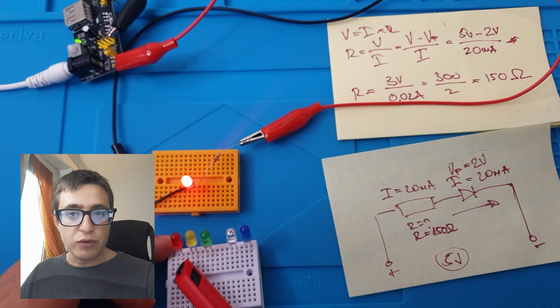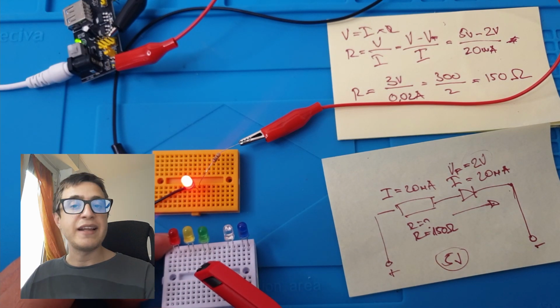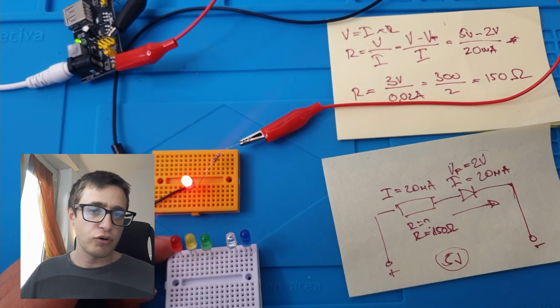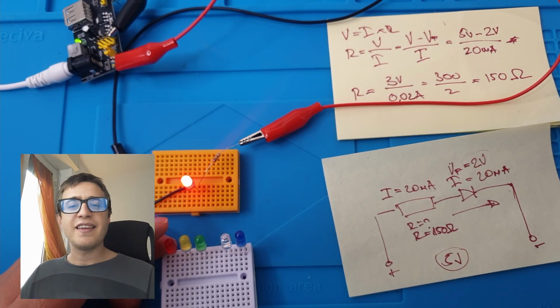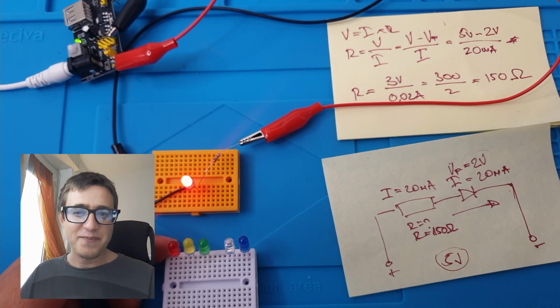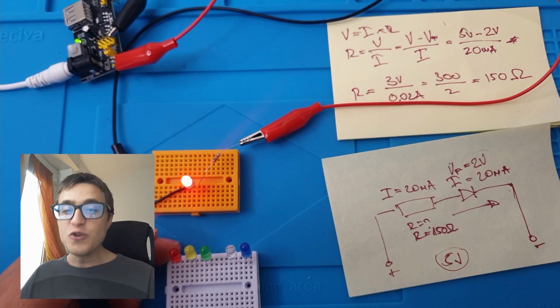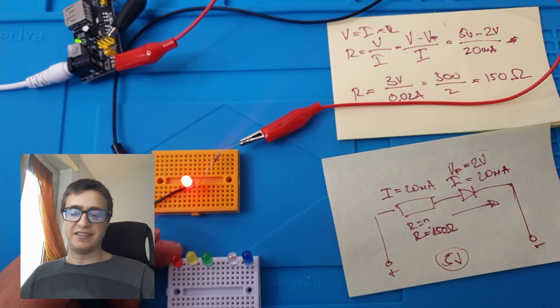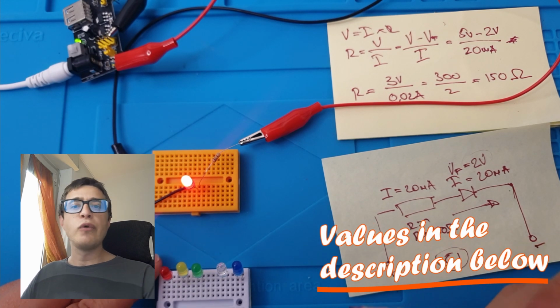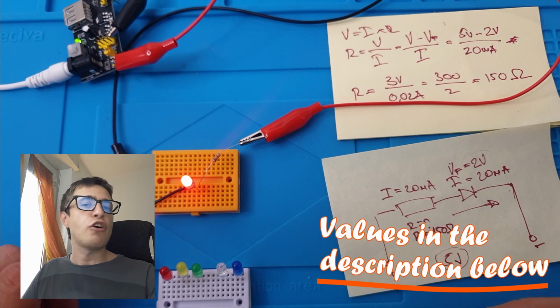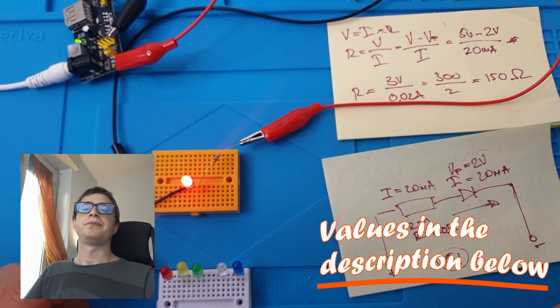The red one, the yellow one, and the green one, and also the orange, which is not that common but you can also find it, are quite similar, meaning that usually for a 5mm standard, it has a forward voltage of 3 volts, which means that we'll need a resistor of around 100 ohms.